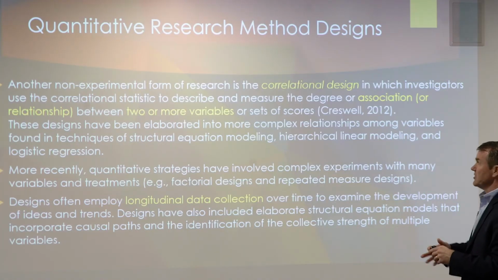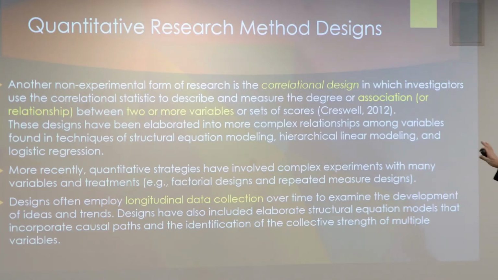Another non-experimental design is correlational design, in which investigators use correlational statistics to describe and measure the degree of association or relationship between two or more variables or sets of scores. These designs have been elaborated into more complex relationships among variables, with techniques like structural equation modeling, hierarchical linear modeling, and logistic regression.